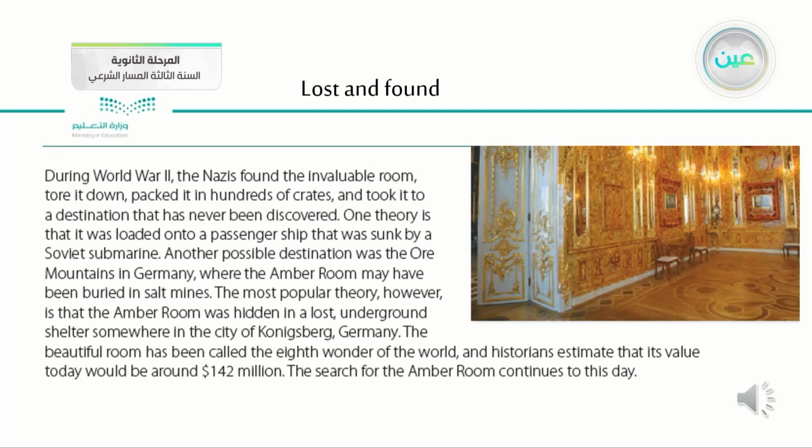Another possible destination was the Ore Mountains in Germany, where the Amber Room may have been buried in salt mines. The most popular theory, which is the important part here, is that the Amber Room was hidden in a lost underground shelter somewhere in the city of Königsberg, Germany. The beautiful room has been called the eighth wonder of the world, and historians estimate that its value today would be around $142 million. The search for the Amber Room continues to this day.